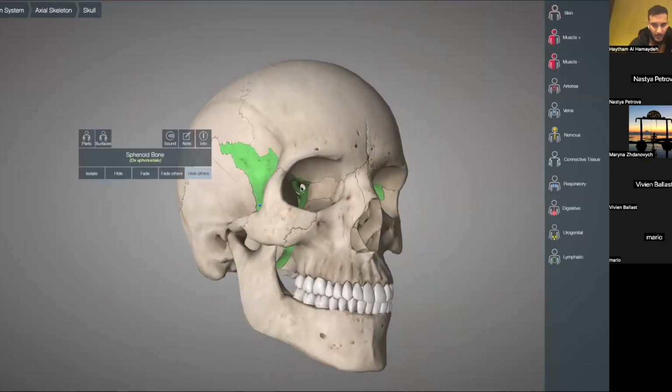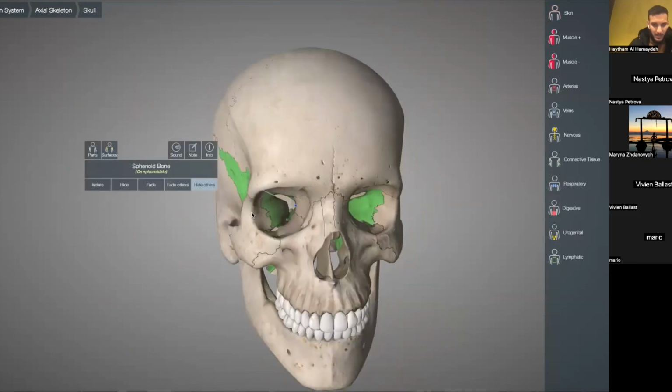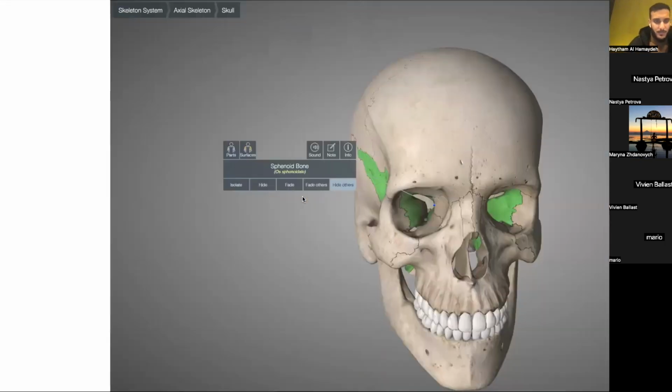Then apex: optic canal. Base is the outer edge, and the base opens into the face and is also known as the orbital rim.